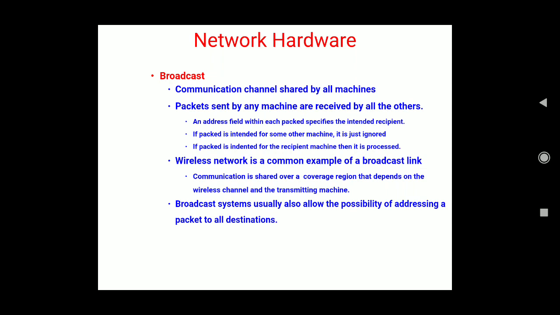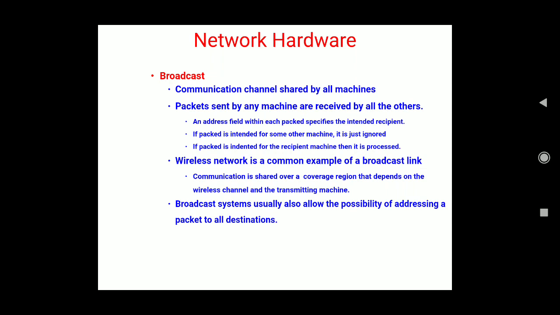If the packet is not meant for a machine, it will simply ignore it even though it is fully received at that machine. Now, if the packet was intended for the recipient, then that recipient will process it. It will receive the packet, and whatever is given in it will be done. So that processing will be done.